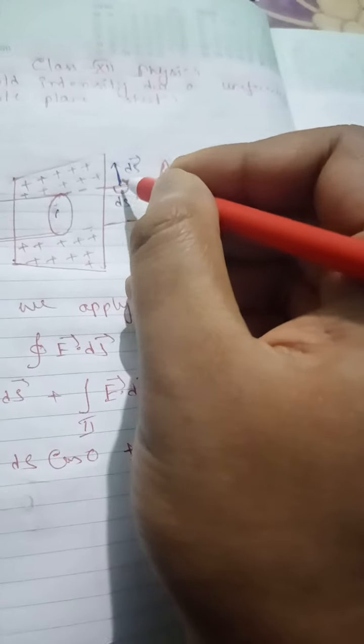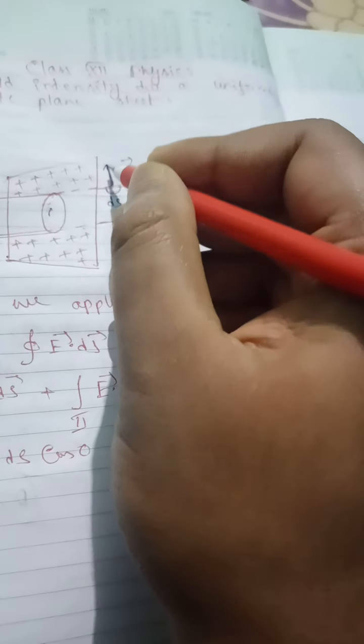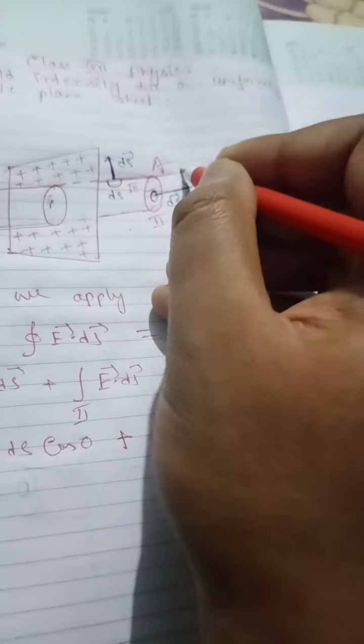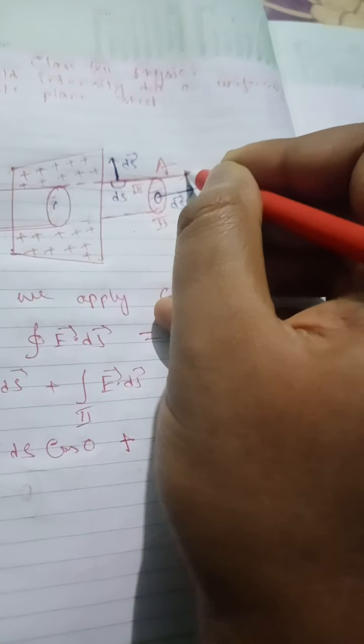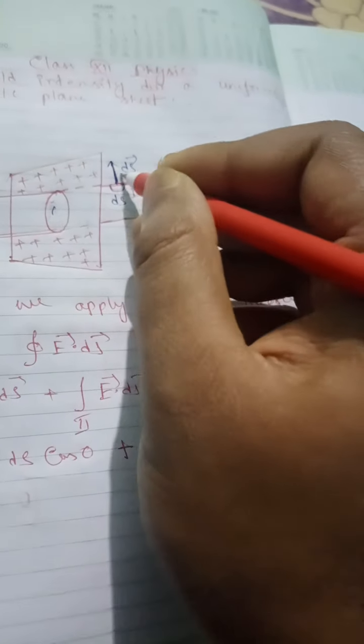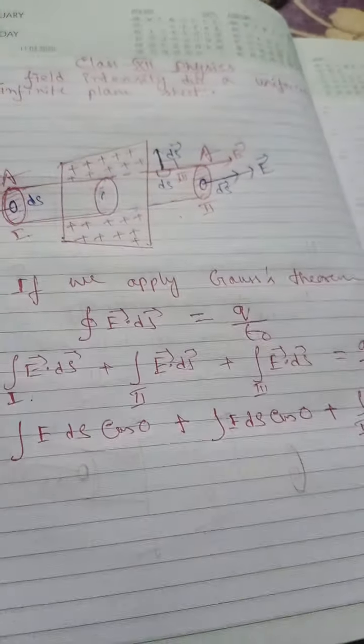Because for this region this is a small element, so the area vector will be along this direction, but the electric field intensity is normal to the sheet, so this is the direction of the electric field intensity. The angle between them is 90 degrees.